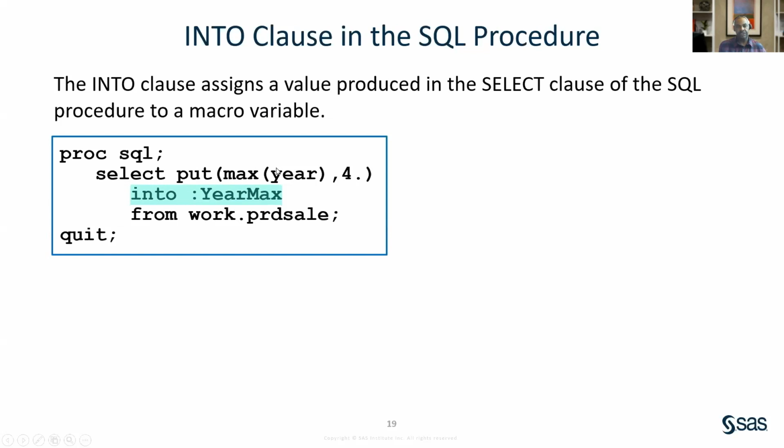The PUT function writes the numeric out as a string. I'm putting it out as a string and then putting it into a macro variable called yearmax, colon precedes it. The data is coming from WORK.PRDSALES. So if I have 10 records, whichever value is the highest year among those 10 records, it will retrieve that value as the max and put it out as a 4-byte string into that macro variable called yearmax.